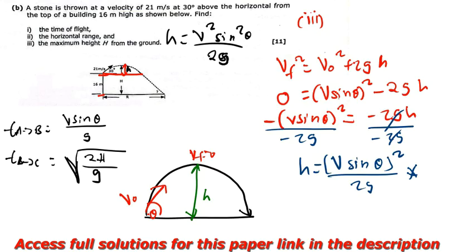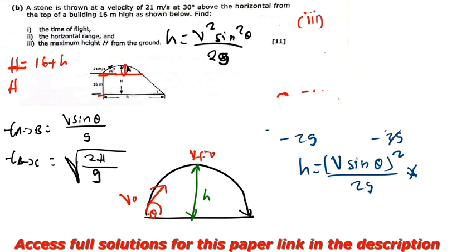It's basically the same thing. Now for me to find the capital H, the capital H is as a result of the addition of 16 plus h. The h which I need to find using this formula is the h which is going to help me come there. So I'll get rid of this to find the small h. There we go. h will be equal to... what is my v? My v is 21.